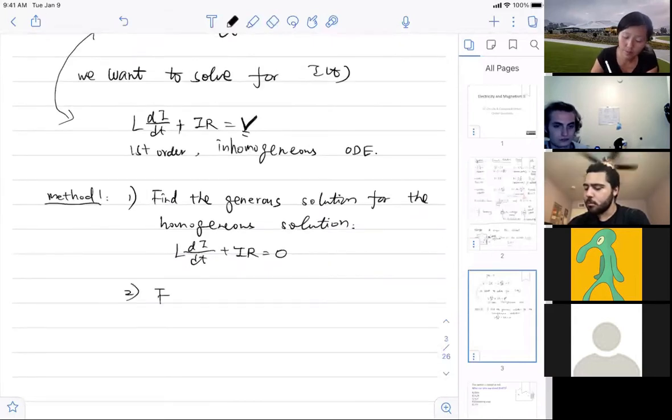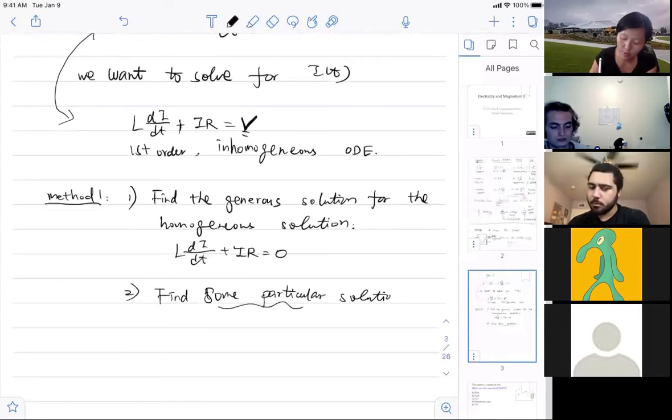Next, we find some particular solution that satisfies the inhomogeneous equation, some particular solution for the full equation, basically this original equation.